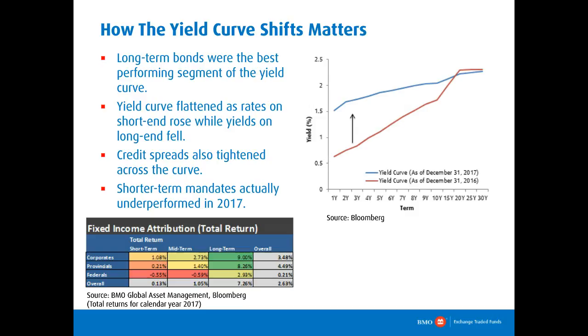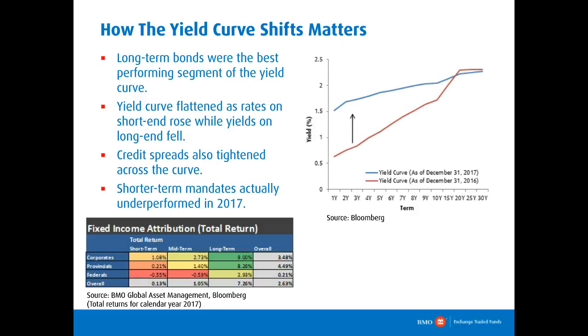And the reason is that duration only applies when you get a parallel shift in the yield curve, and very often you don't get a parallel shift. Last year was a good example of that, where we essentially got a flattening of the yield curve.